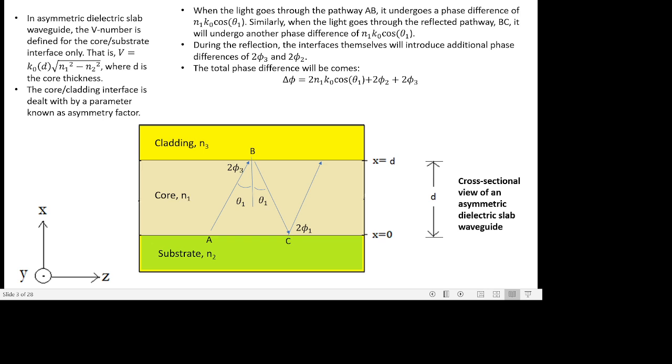And in order to have a successful total internal reflection, we have to make sure delta phi is equal to 2m pi, 2 times the integer multiple of pi. And in the analysis that follows, we are going to use the Maxwell equation to derive this one first, and then we are going to analyze the Maxwell equation.